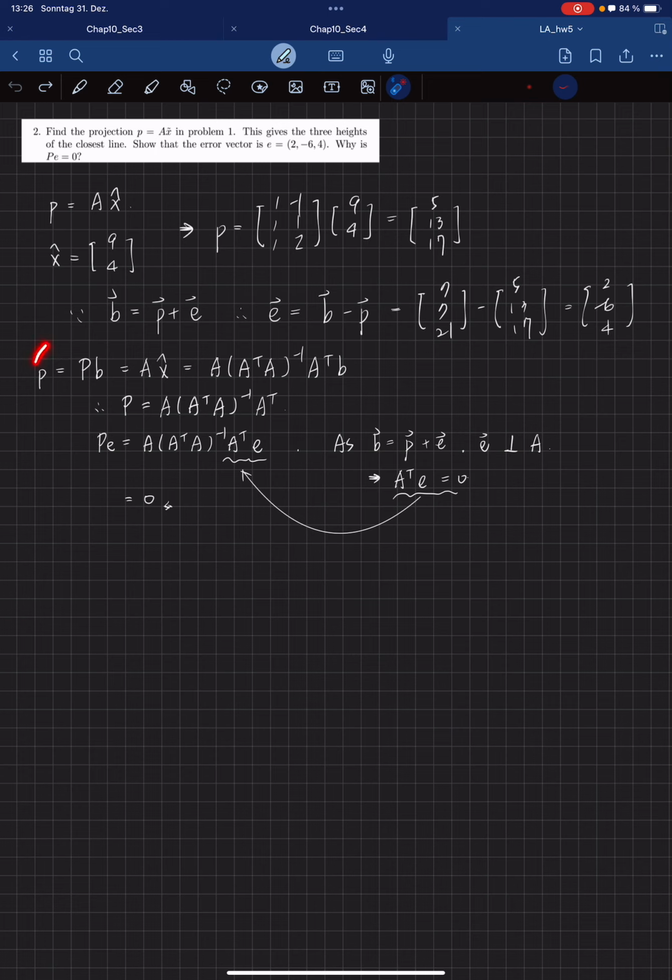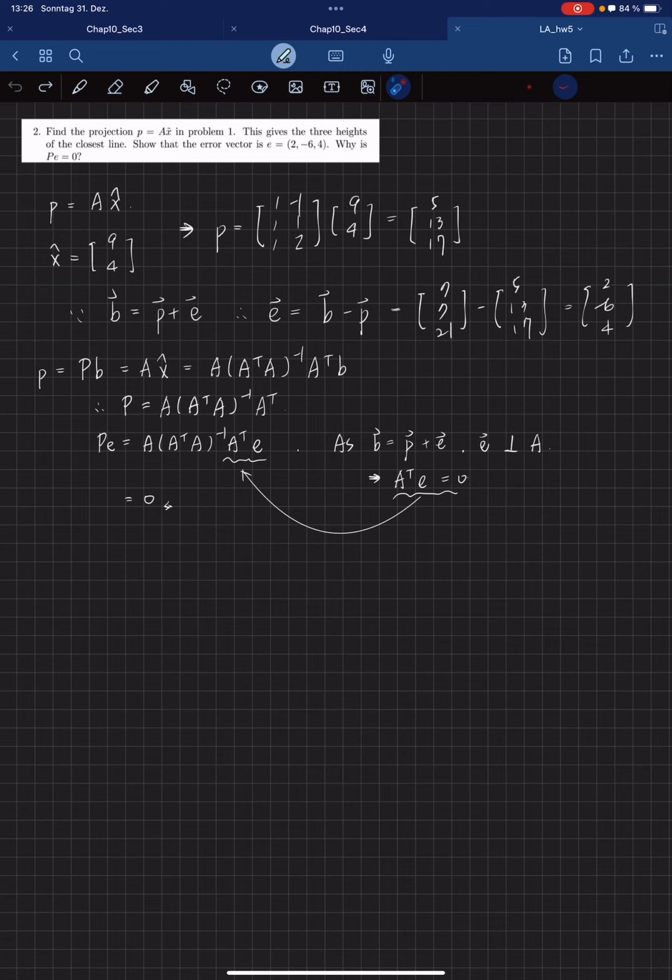And since p is A x hat, we can write the equation p is equal to PB is equal to A x hat. And A x hat, as we all know, is A times (A transpose A) inverse A transpose B.